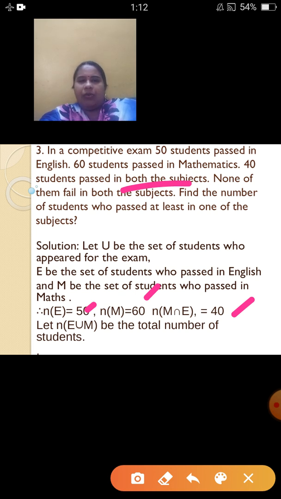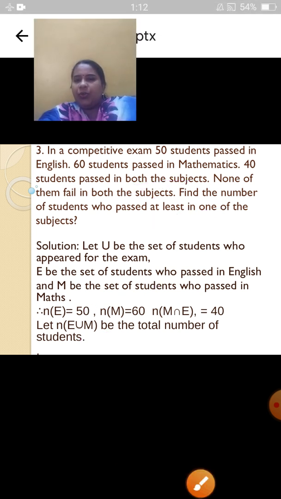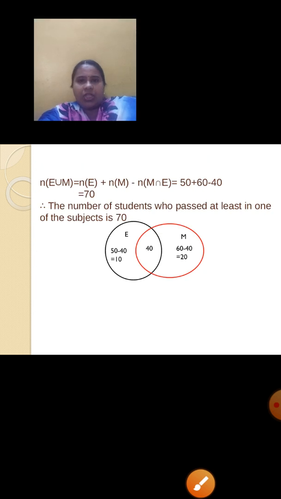I need to find out the number of students who passed at least in one of the subjects. At least in one of the subjects means what? Either in maths or in English. When I use the word or, what do I need to find out? Union. This is what I have explained to you just now. Correct? So I need to find out the union in this. So see the formula. N of E union M is equal to N of E plus N of M minus N of M intersection E. Correct?